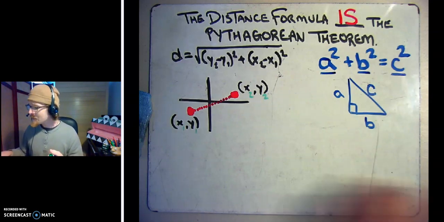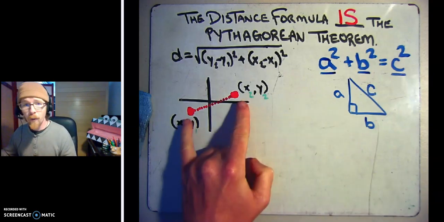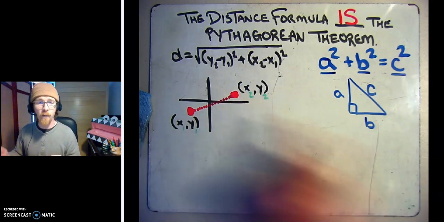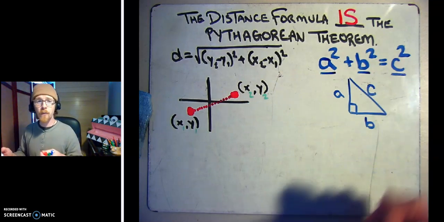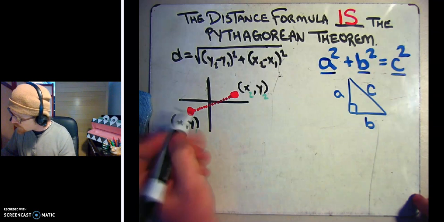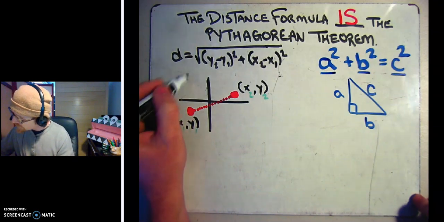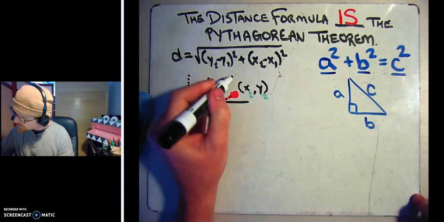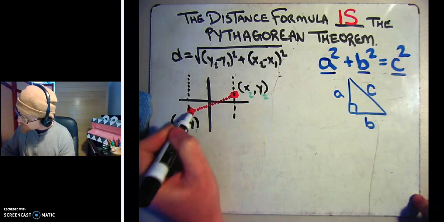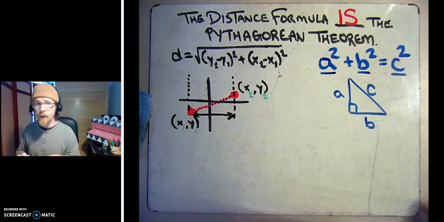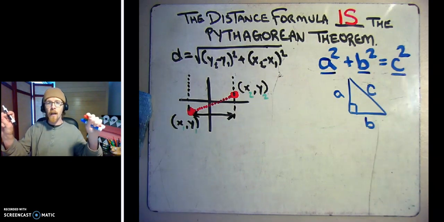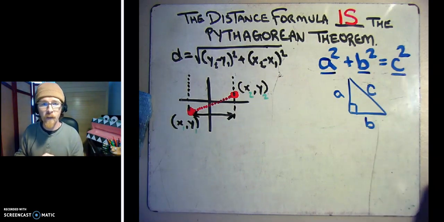Now let's take a look at these two points and measuring this distance. If we don't have a ruler or a measuring tool, we can say that x's go from here to here, so if I figure out how far it is from here to here, that'll tell me the horizontal distance.